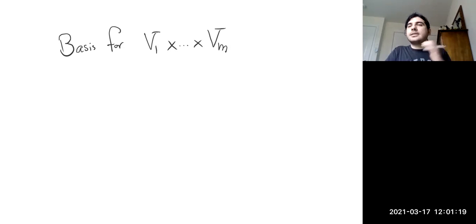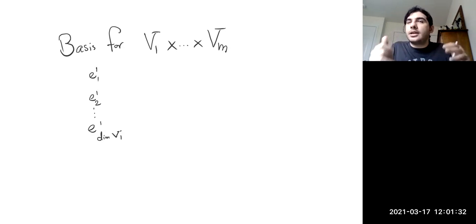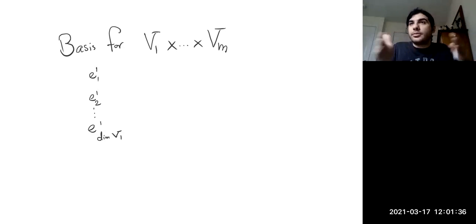So we had a basis for V1. So it was E11, E12 up to E dimension of V1. These vectors generate V1. They are not vectors in the product space, right? They are in V1. They are not in the product space.